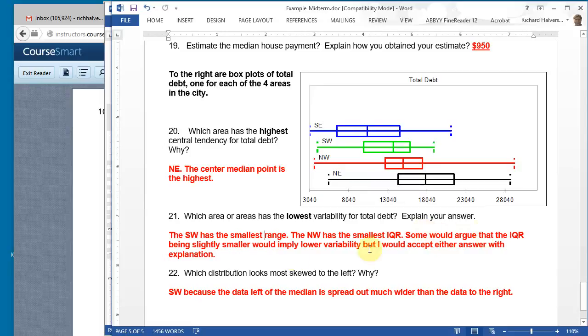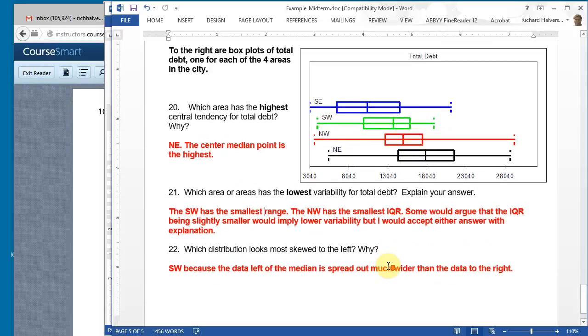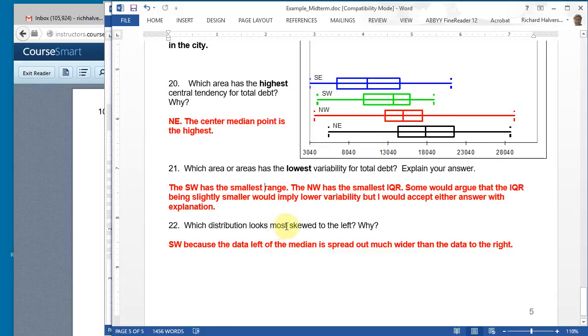Some would argue that the IQR being slightly smaller would imply lower variability, but I would accept either answer with your explanation. So if I were grading this, I would really accept either one of these answers, as long as you explain why. You say the range is the smallest, and here you say the interquartile range is the smallest. And which distribution looks most skewed to the left, and why?